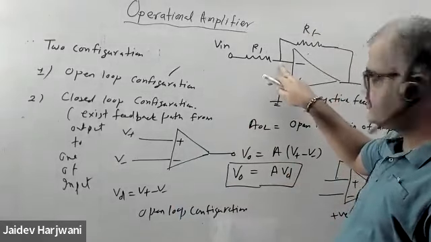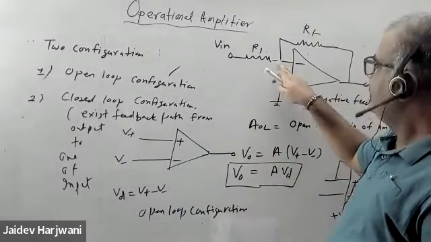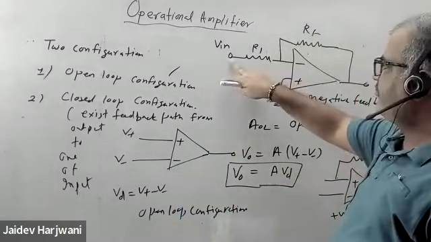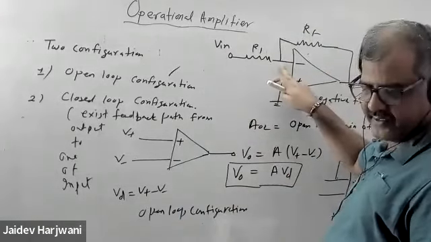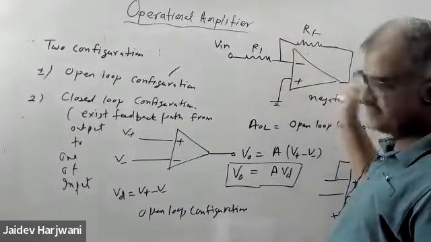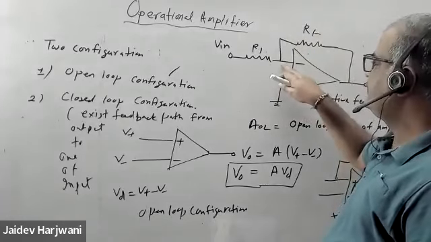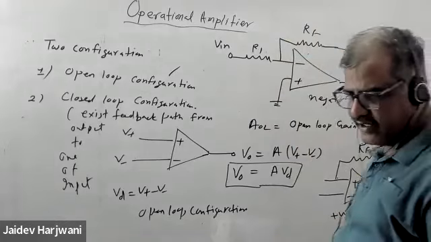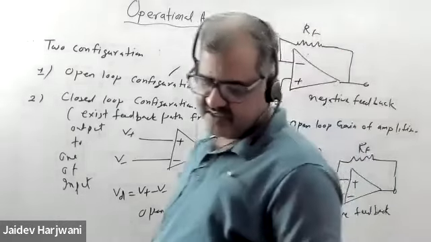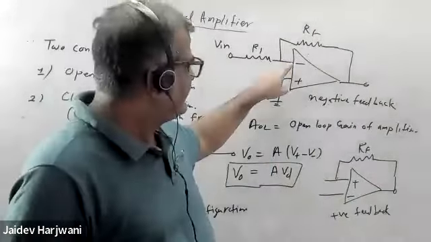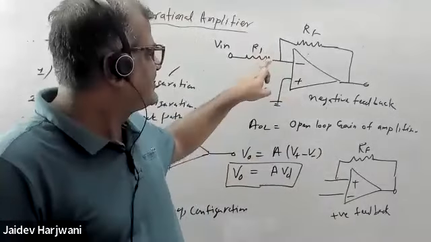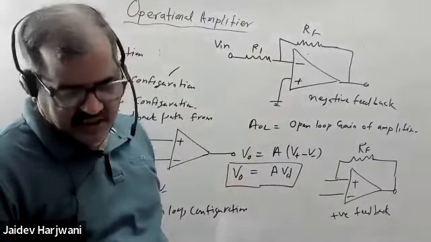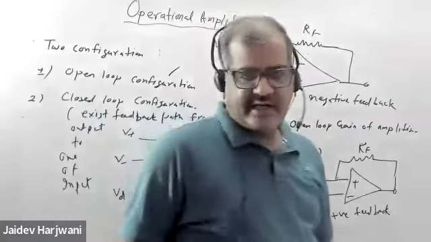If there is no loop, whatever voltage you apply will come here. But if there is feedback, then depending on its type, negative or positive, the voltage at this terminal will change, and accordingly your gain will also change.